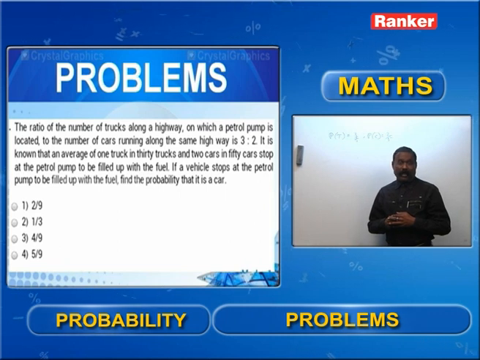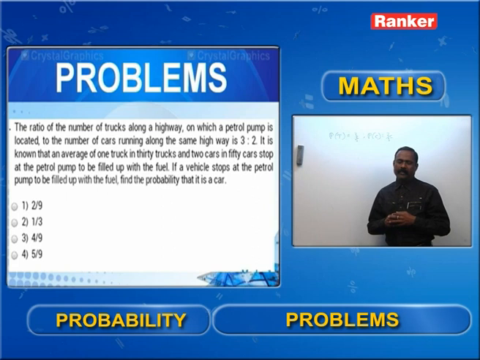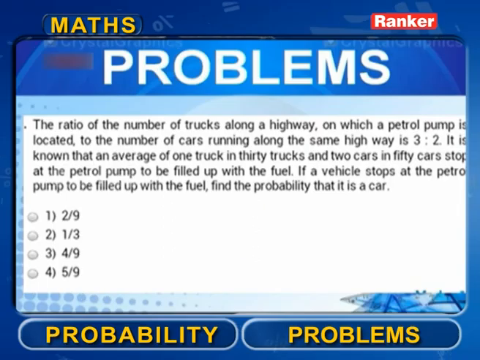3:2. So, I repeat the sentence. The ratio of the number of trucks along a highway on which a petrol pump is located to the number of cars running along the same highway is 3:2. That's what I have written here. It is known that an average of one truck in 30 trucks, and 2 cars in 50 cars stop at the petrol pump to be filled up with the fuel.